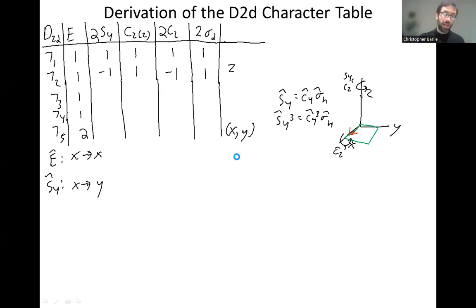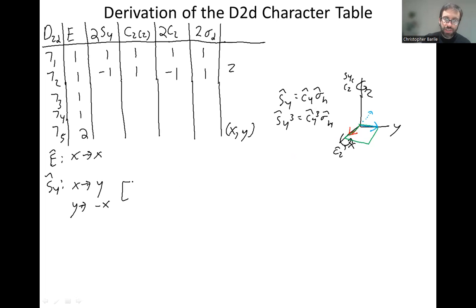So X is defined in terms of Y, and Y actually has to be defined in terms of X. And so if you think about the Y vector now, I'll use a different color. The Y vector is going to spin 90 degrees into negative X.